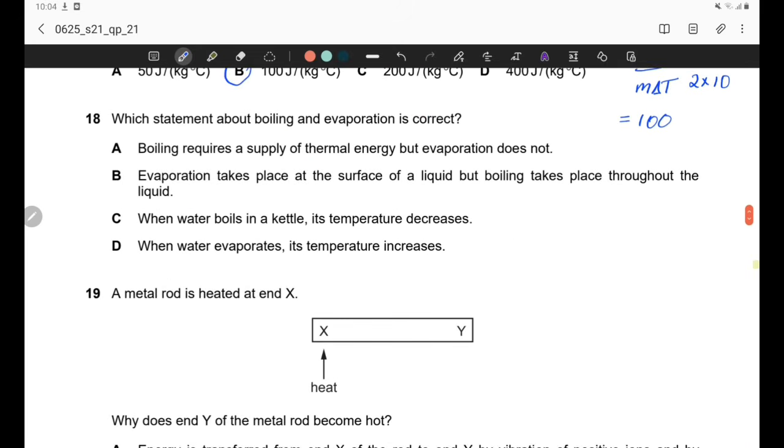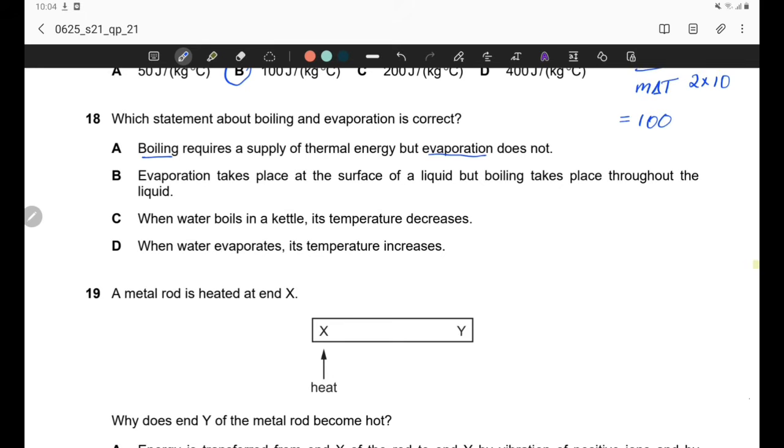Question 18. Which statement about boiling and evaporation is correct? Option A: boiling requires a supply of thermal energy but evaporation does not. This statement is wrong because both evaporation and boiling require thermal energy. Only if there is some energy in the form of temperature do the molecules gain energy and escape.